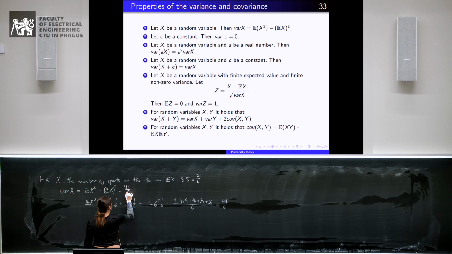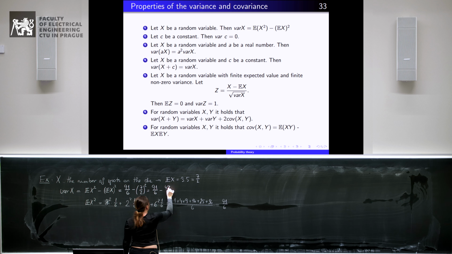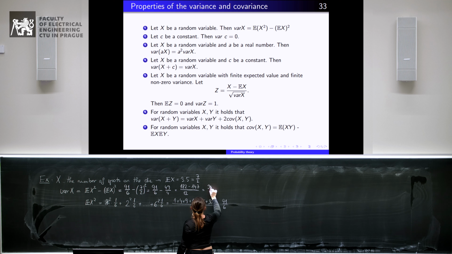So 91/6 minus 7/2 squared is 91/6 minus 49/4, which is 182 minus 147 over 12, so it is 35/12.